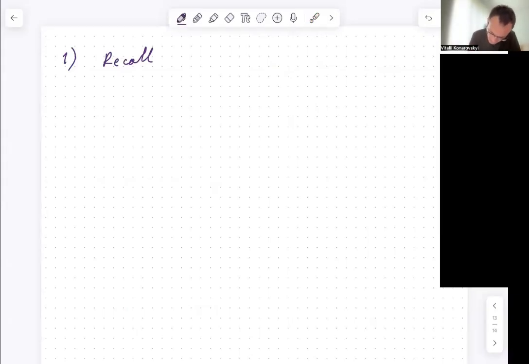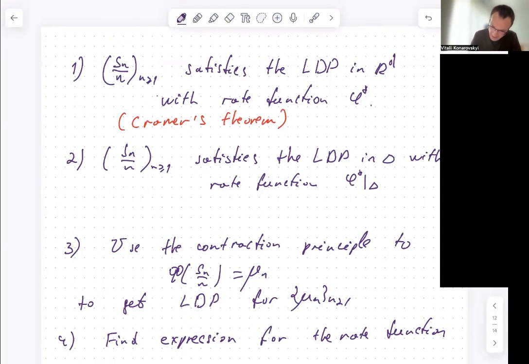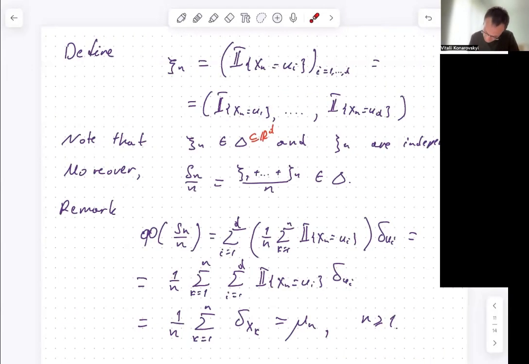Then step by step, let's recall that the cumulant generating function is defined as the logarithm of the expectation of e to the power of lambda times psi_i, for lambda from R^d. But now you see that this psi_i are indicators.